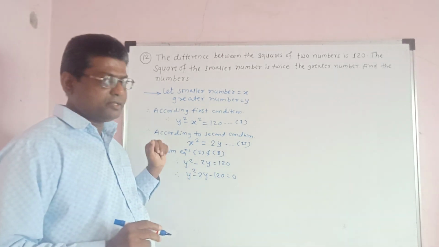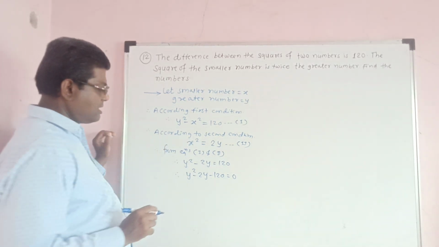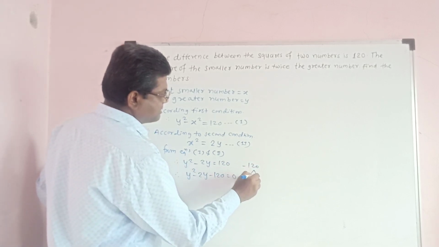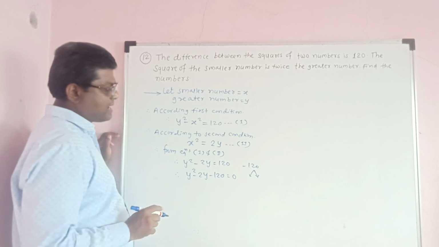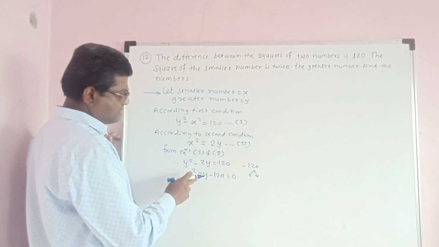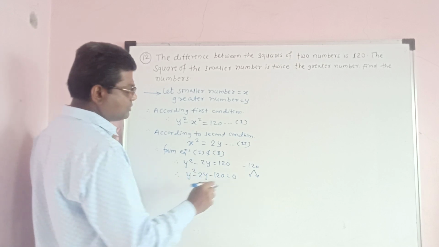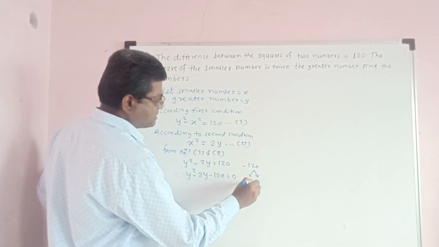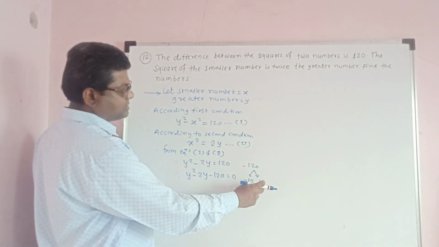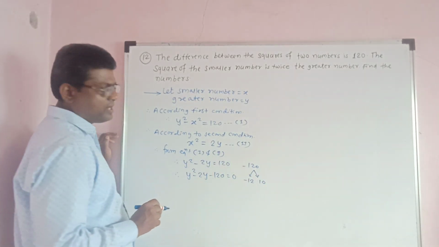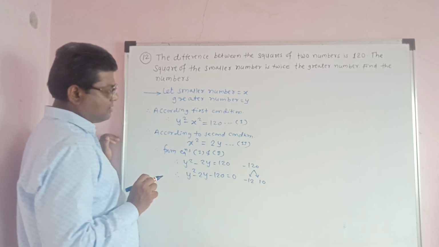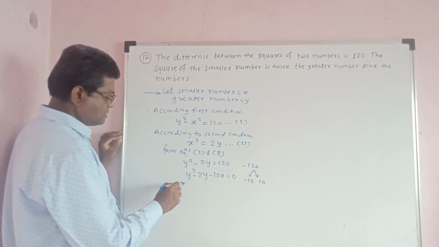We have to solve this quadratic equation, and this number is minus 120. Split up this number such that the product is minus 120 and the addition is minus 2. So the numbers are minus 12 and plus 10, because the product of these two numbers is minus 120 and minus 12 plus 10 will be minus 2.